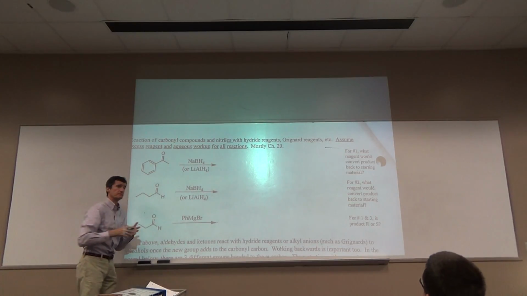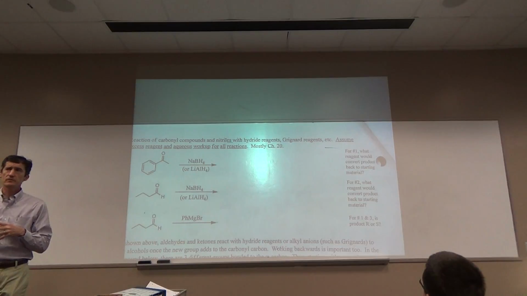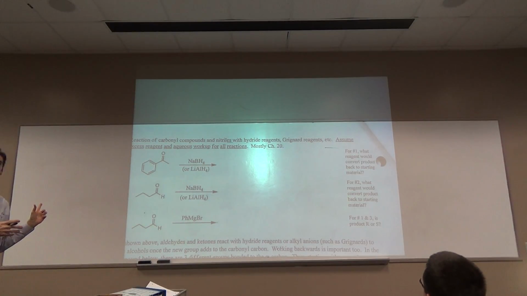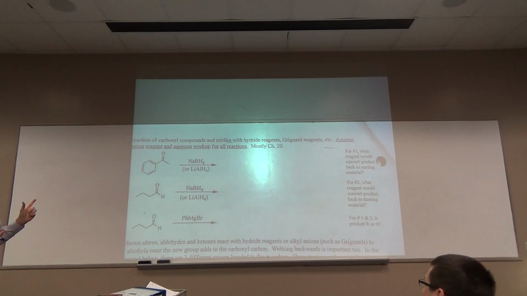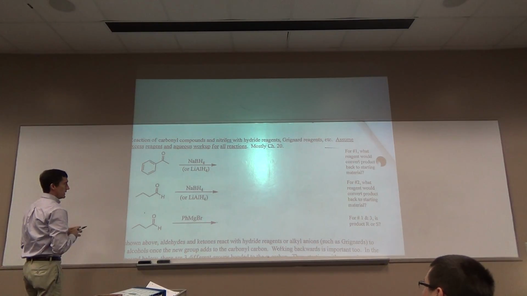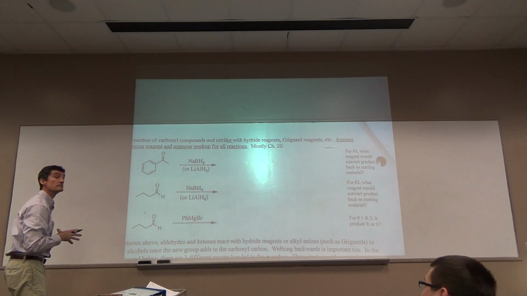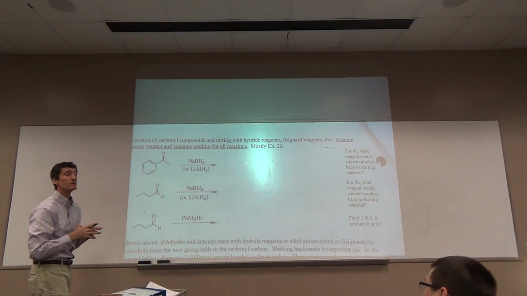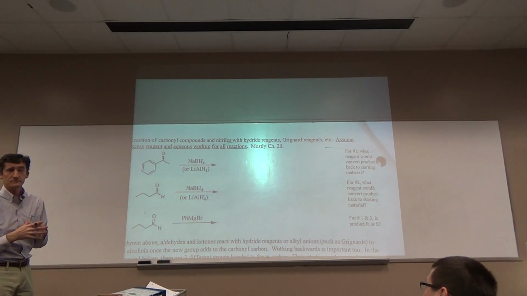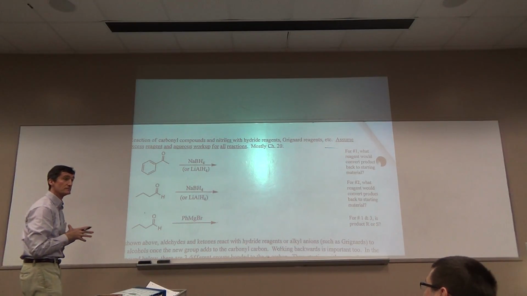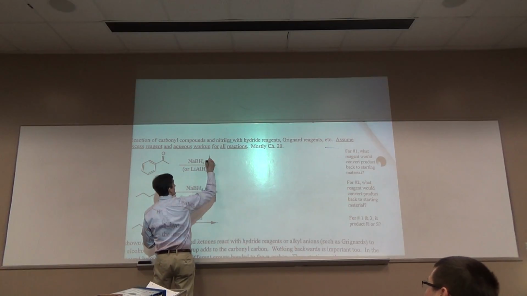Sodium borohydride. I don't think we've seen that this semester, but we saw it in Organic 1 in the oxymercuration, followed by the sodium borohydride step. Sodium borohydride is a source of what? Hydrogen. Well, in what form? Hydride.